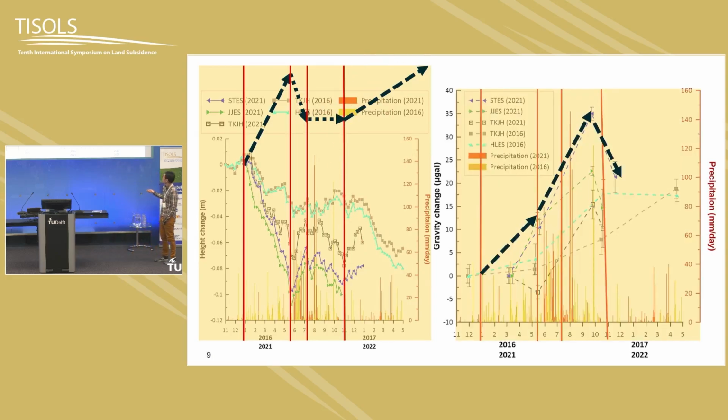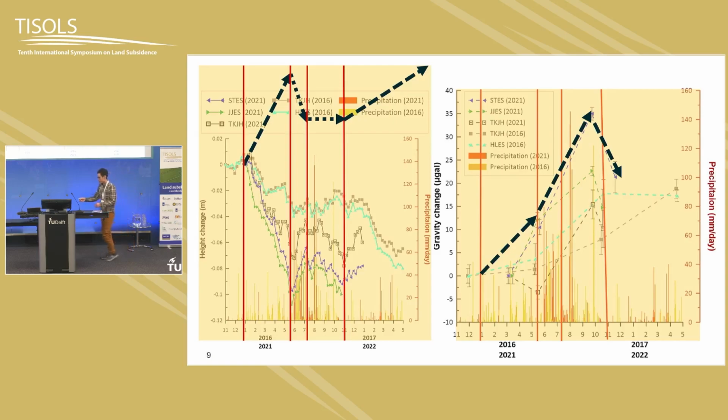However, we found that in this region the gravity change is moving up and up and up. And then even after the rain season, the gravity value is going down. So let's look at that. We step inside the subsidence regions. Because of that, it's not only the subsidence, it also consists of the groundwater change in this region.